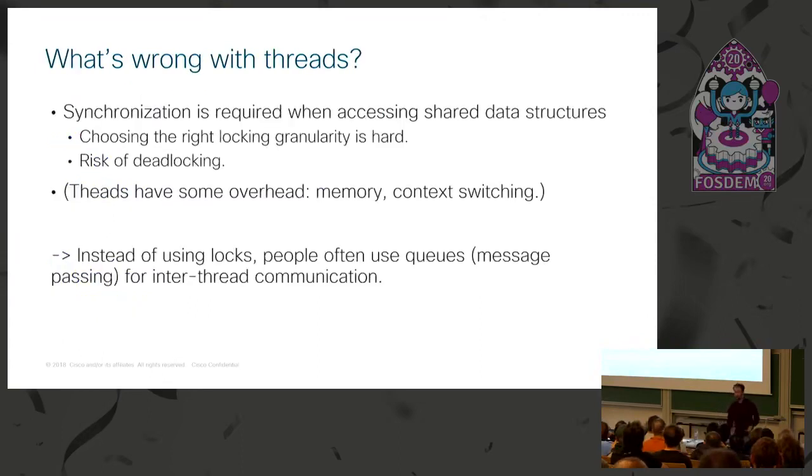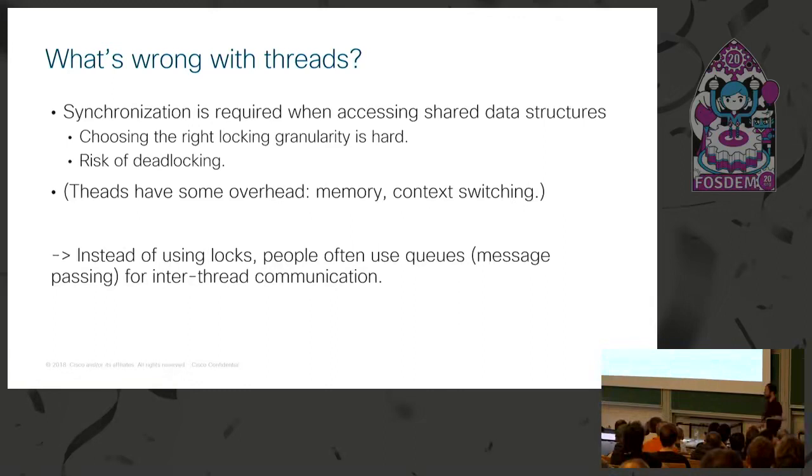So the disadvantage of using threads is that as soon as you have to manipulate shared data structures, you have to think about locking. And that's something which is very hard to get right. Either you choose to use one global lock, but then you risk locking too often, so that things that could go in parallel become sequential.